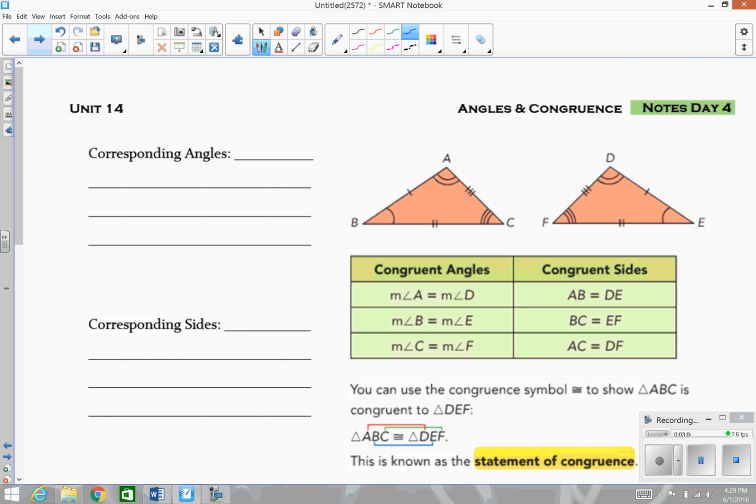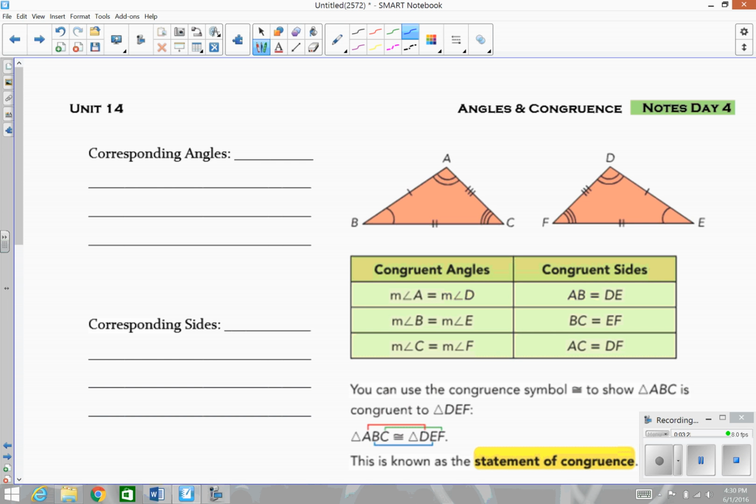Okay, so now let's dive in and relate what we know about these figures to some shapes. Corresponding angles. Okay, so given two congruent figures, we can find corresponding angles.